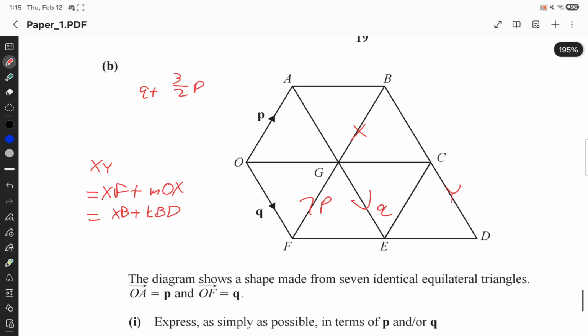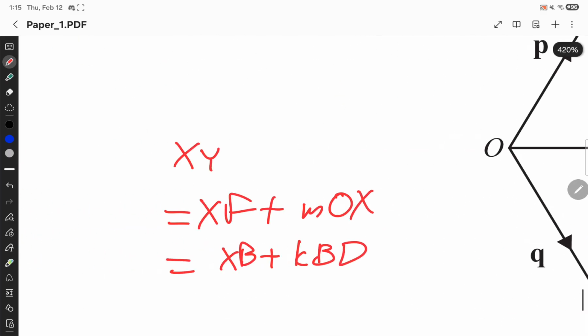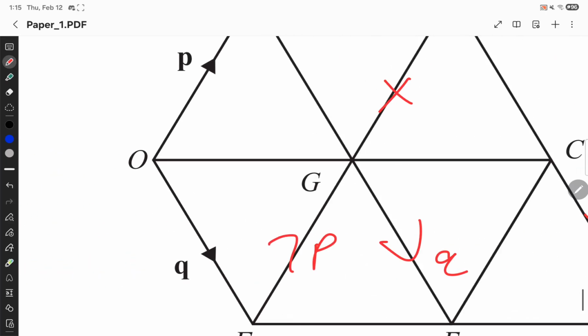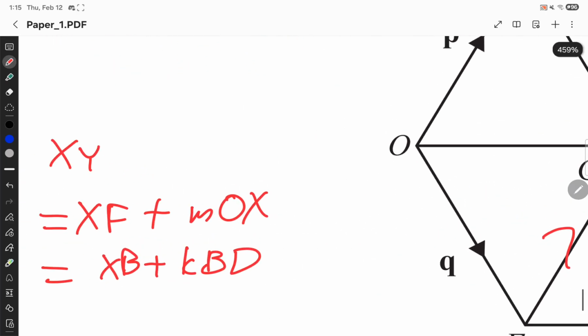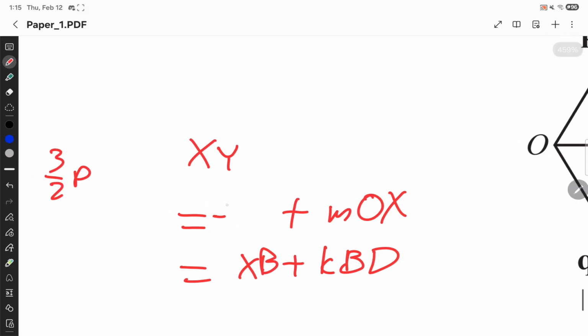Let's go. XF was, as he said, 3 over 4 FB. What was FB? 2p. So it is 3 over 2p. XF, yeah, this would be negative 3 over 2p. Now what is XB?